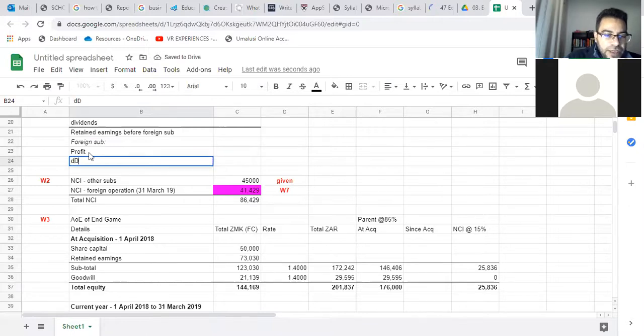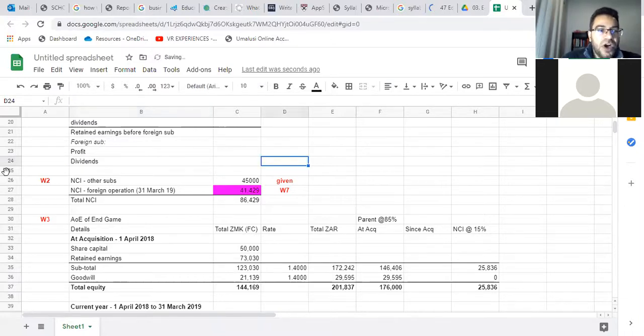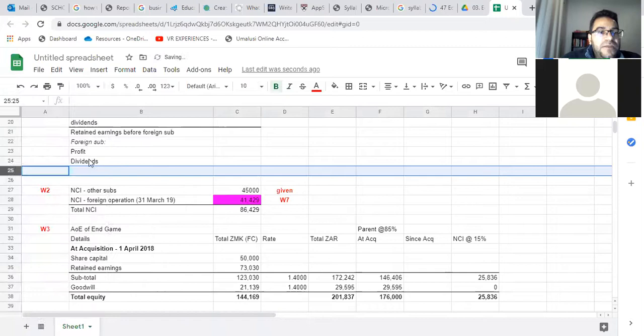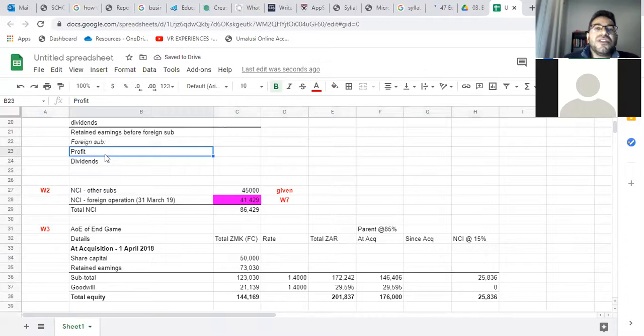Now, once again over here, if the loan was a normal loan and not considered to be part of the investment, then you'd bring the forex on the loan over here. But because the loan is considered to be part of the investment, the forex gain is not included in profit or loss, but rather taken to FCTR. Remember, FCTR goes through OCI. So that's an important distinction.